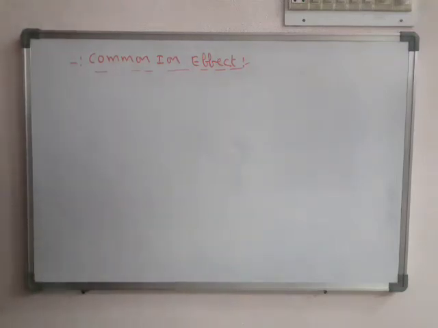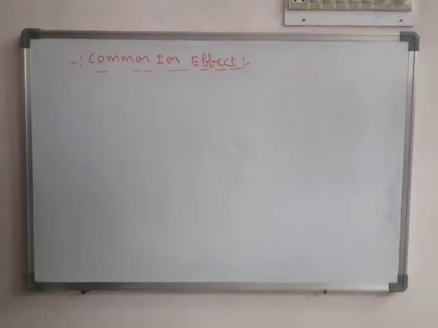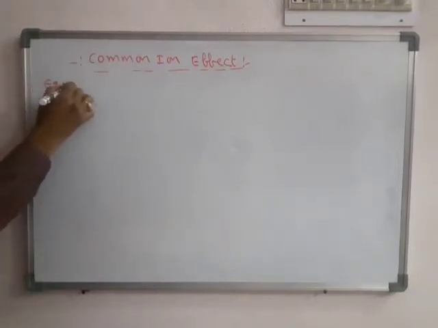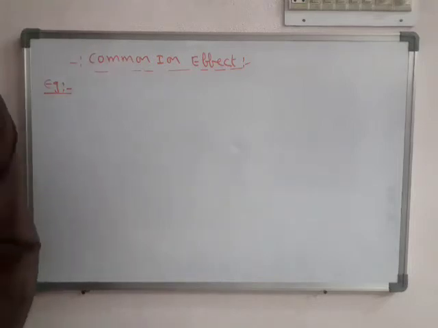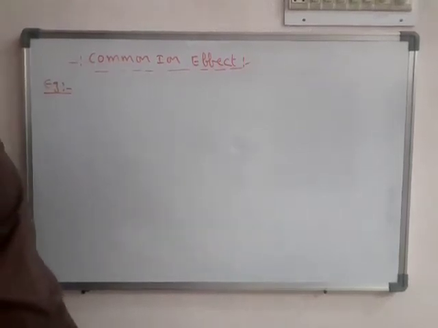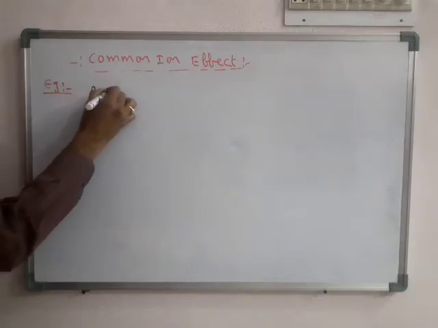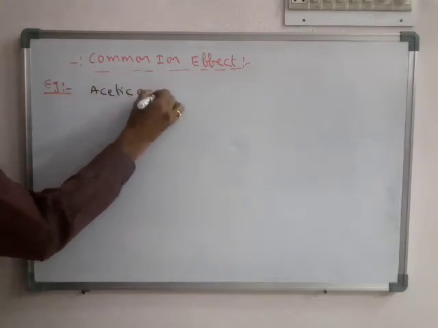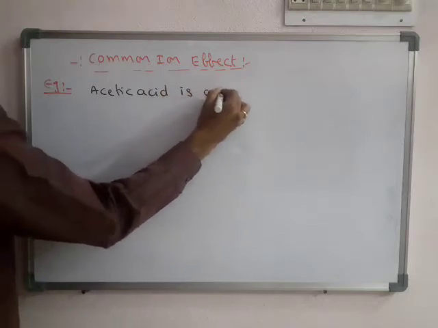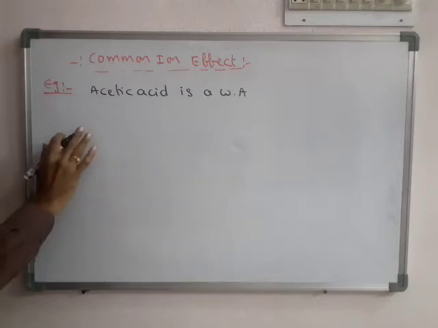So we take an example. We know acetic acid. Acetic acid is a weak acid, which means it has a very low degree of dissociation.